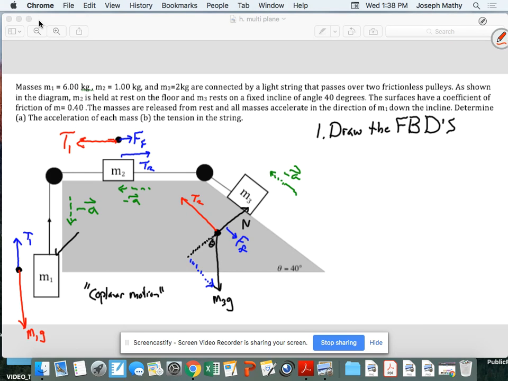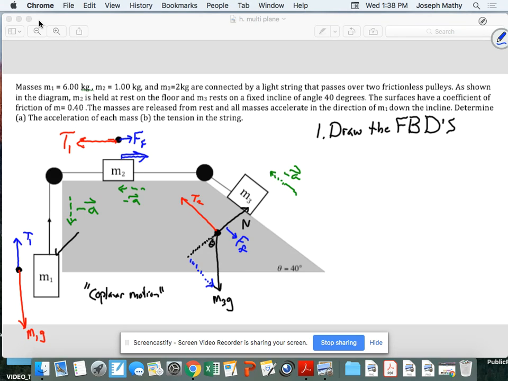Now, I've done a little trick to help you solve these problems, and you don't have to color code. Everything that's red is acting in the same direction together, and everything that's blue is resisting in the opposite direction together. So I know that T1 red is equal to T1 blue, but I also know that there's a force of friction acting on M2, and there's also another force of tension due to the string right here.